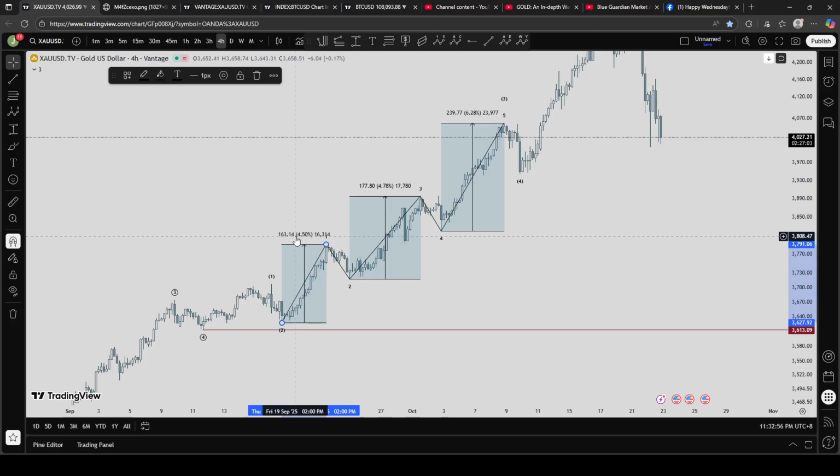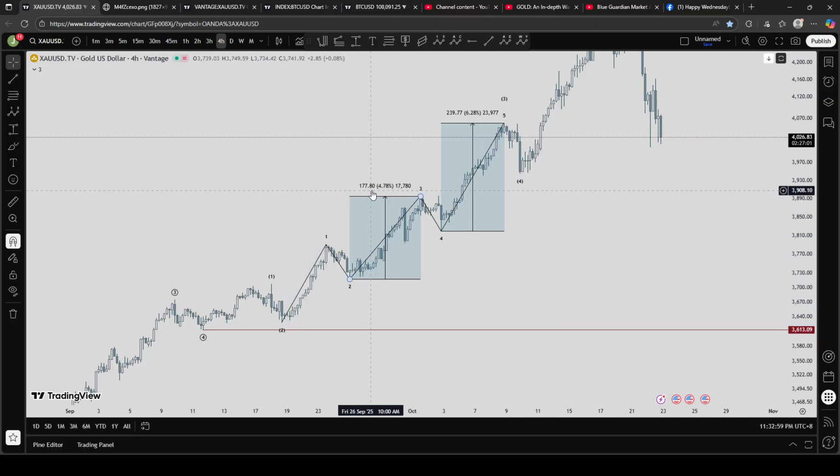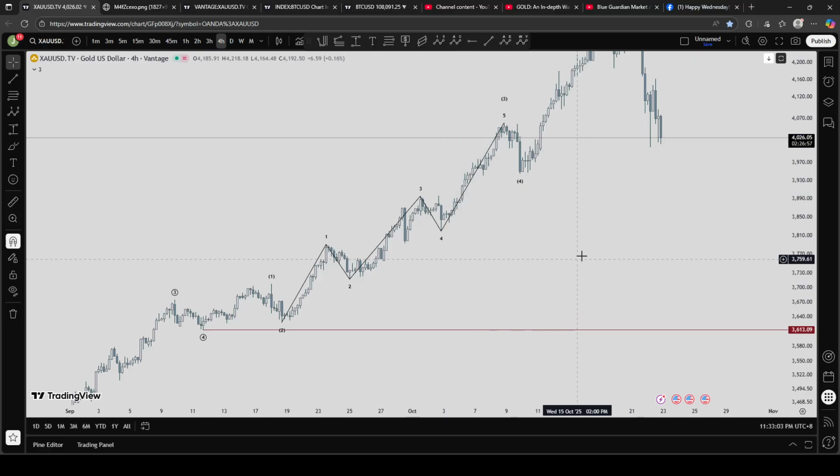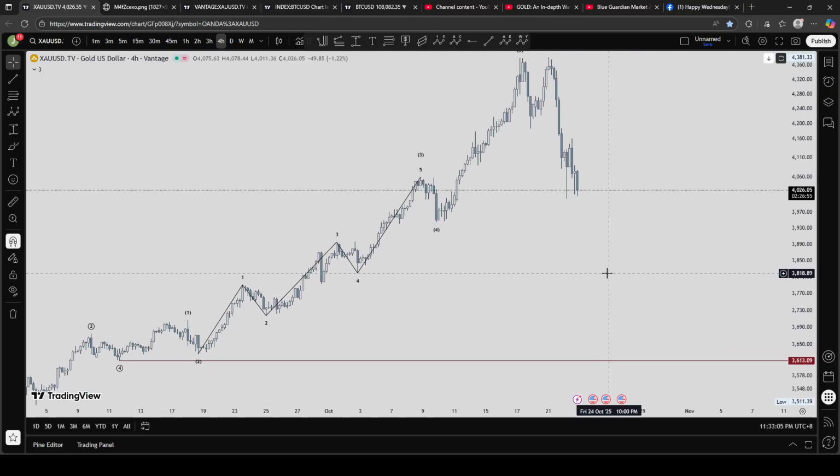Now, to check whether we have satisfied all the cardinal rules of Elliott wave theory, what's the third rule? Wave 4 cannot overlap wave 1, according to Elson. That's correct.